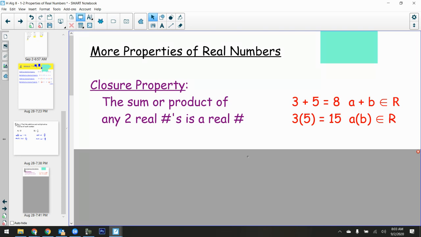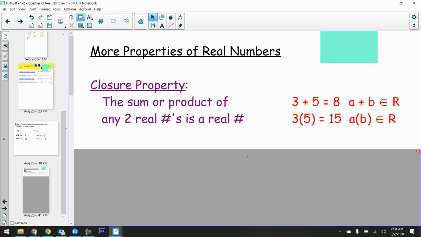Let's try to think about the closure property in terms of something that it doesn't work with. Think about the set of all odd numbers. Does the closure property hold for addition? Meaning, if I take odd plus odd, is it odd?